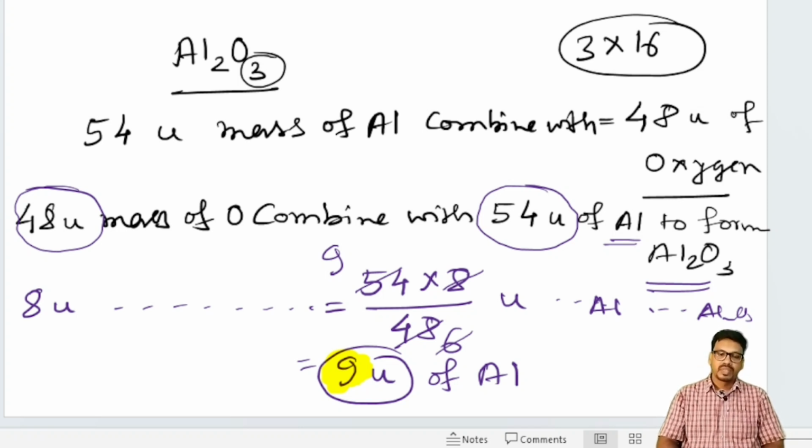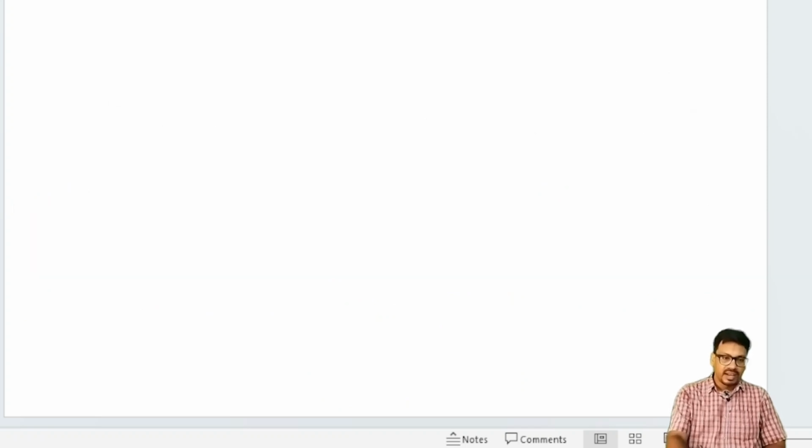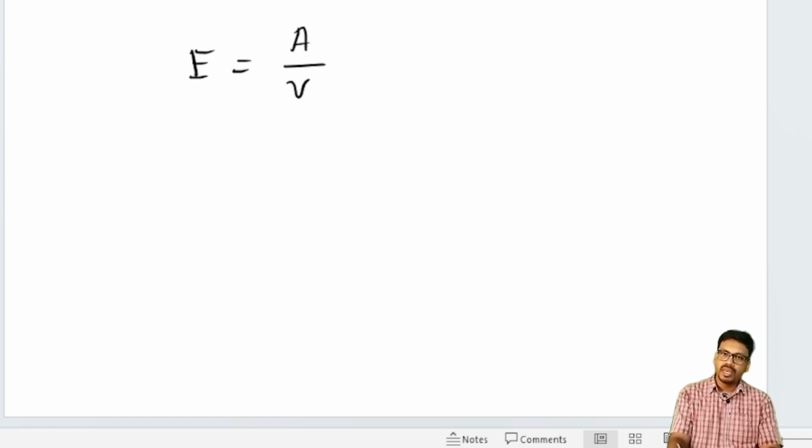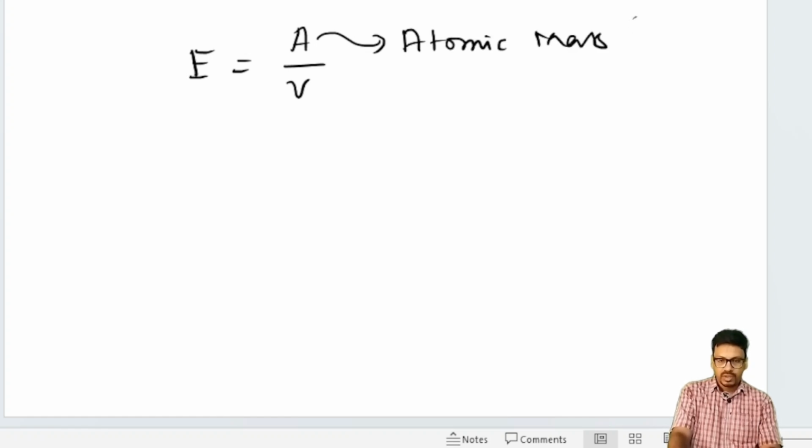So in the formula we can write that, what is the formula of the equivalent weight? That is equivalent weight E is equal to A by V. Okay, A is the atomic weight or atomic mass, or for the compound this is called the molecular mass.